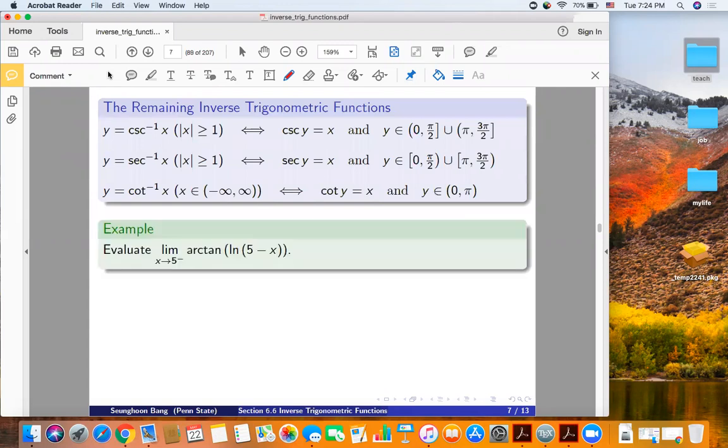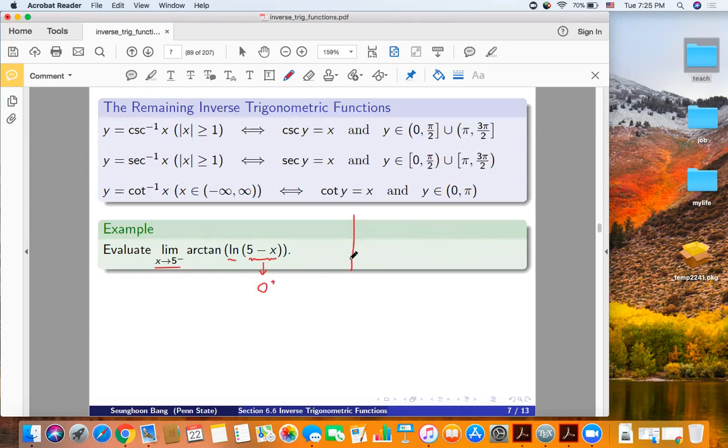So next, evaluate the limit of arc tangent of ln of 5 minus x as x approaches 5 from the left. How can you solve this problem? I can show you. As x approaches 5 from the left, 5 minus x approaches 0 from the right. What is the ln function?